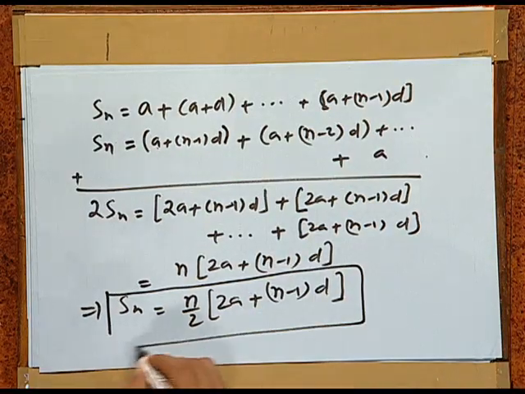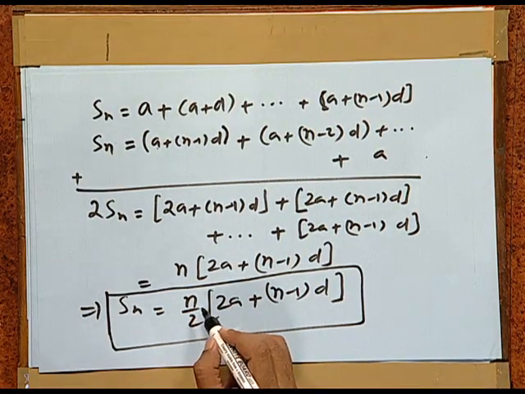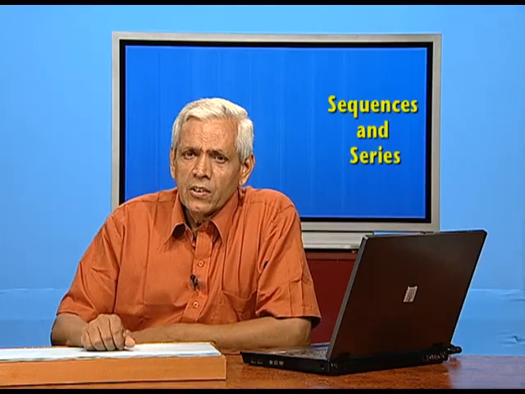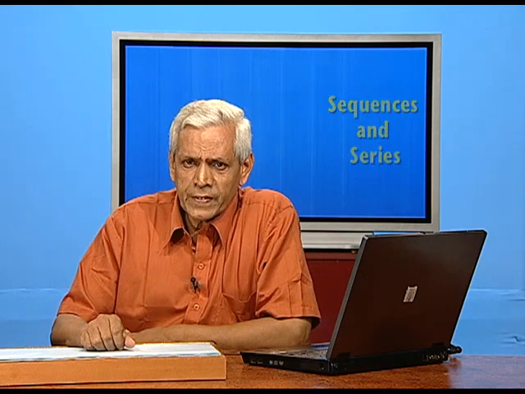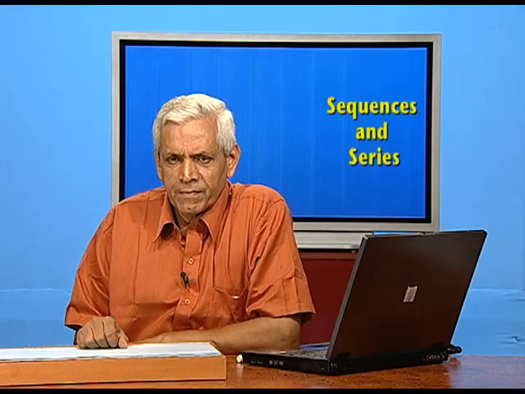Thus, we have a formula for the sum of n terms of any AP, where the first term, nth term and common difference are known to us. Today, I have introduced you to the concept of sequence. We also discussed in specific what is known as arithmetic progression. In short, we call it AP.